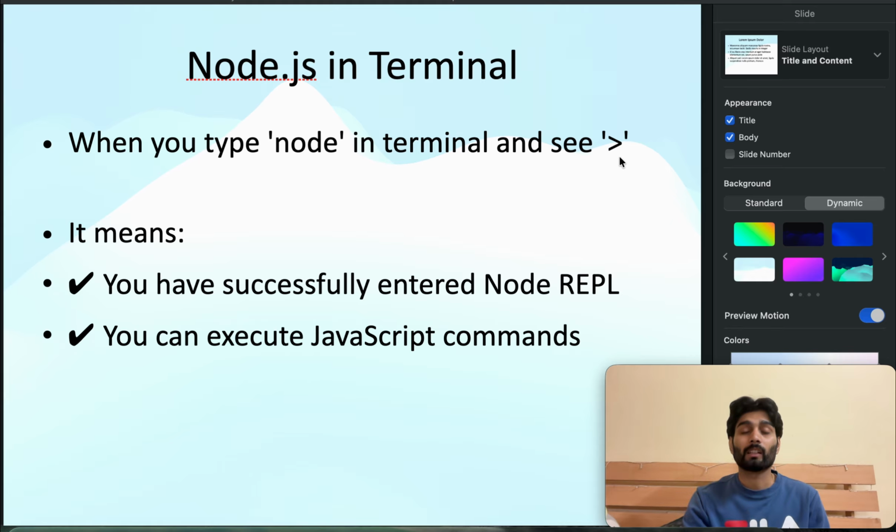This gives us the idea that we have successfully entered into the REPL, and now we can execute JavaScript commands in the terminal. So just note it down, or you can write it down in your notebook that this symbol is really important in terminal. When you put the command node, you will see this, and this shows that we have successfully entered node REPL.